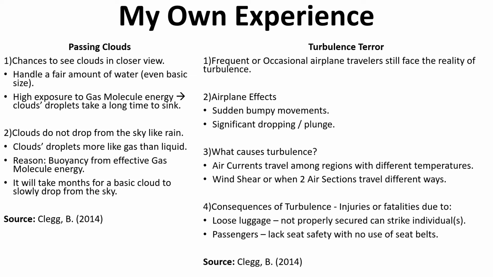Consequences of turbulence include injuries or fatalities because of not properly secured luggage that could strike other people, and if passengers are not taking safety measures by putting their seatbelt on.